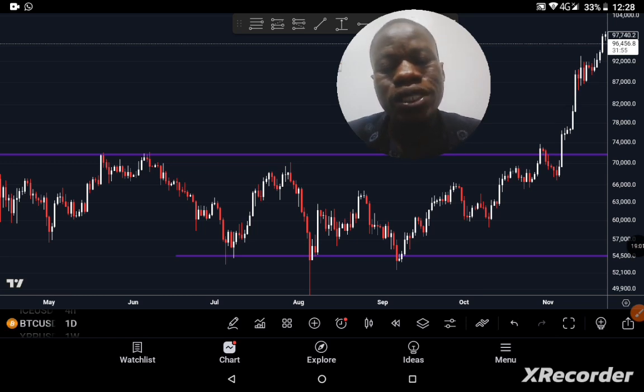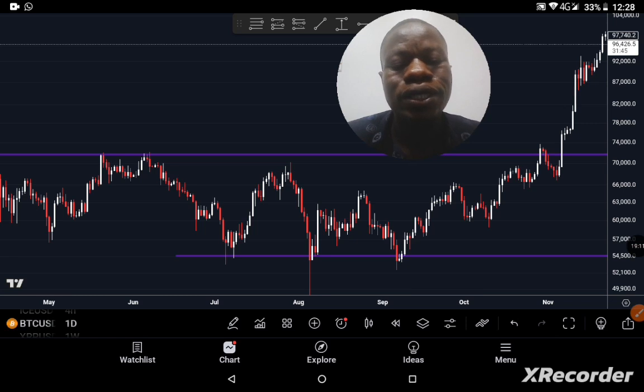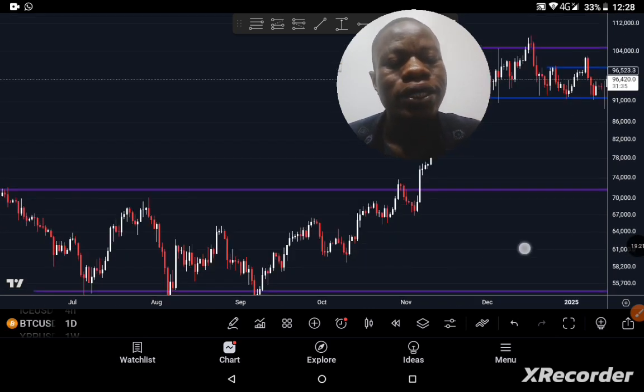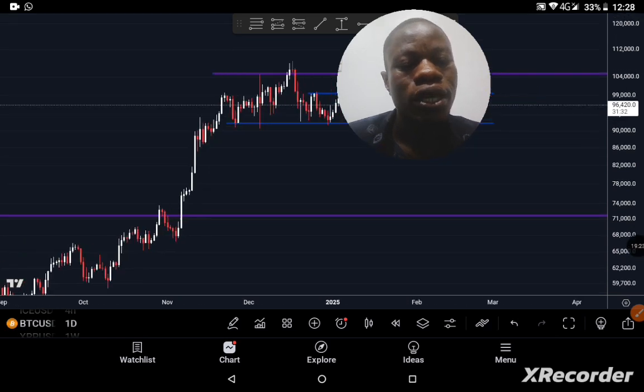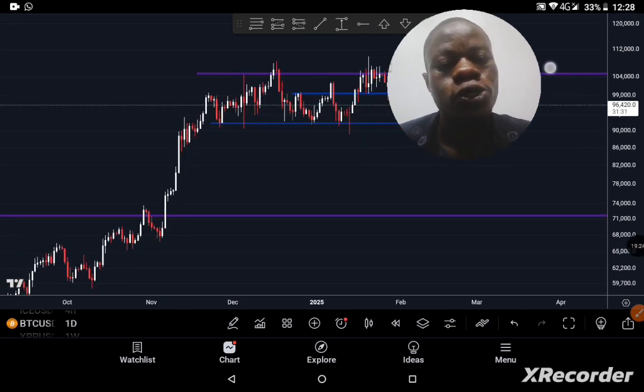At what point is the market going to reverse? At what point can I trade this market? You understand? Fundamental might be concerned about the direction. Technicals are not concerned about the direction. They are concerned about position. At what point? At what level? So that is why technical, should I say, supersedes the fundamental.